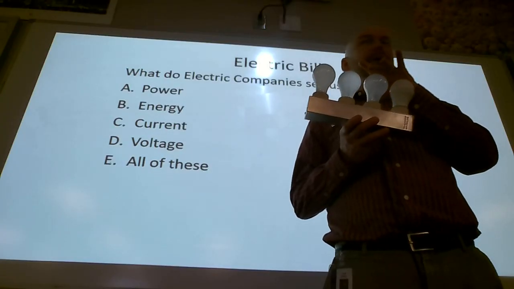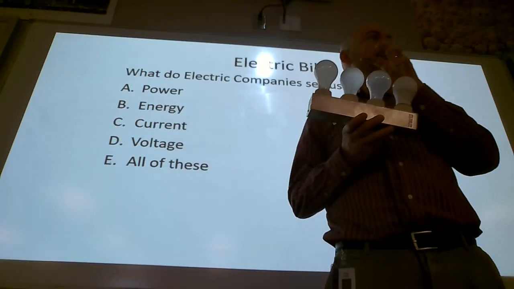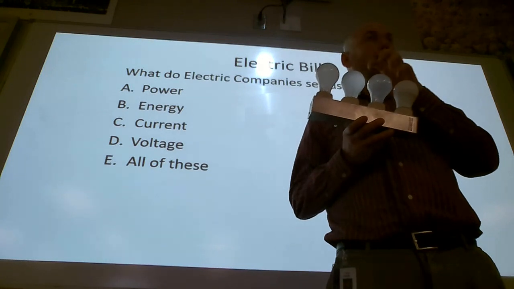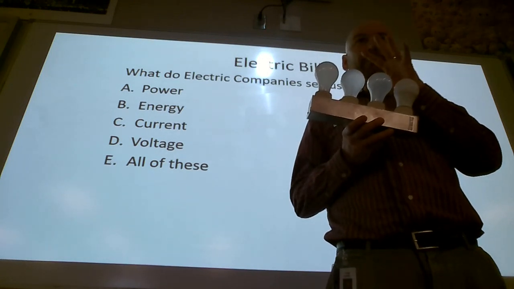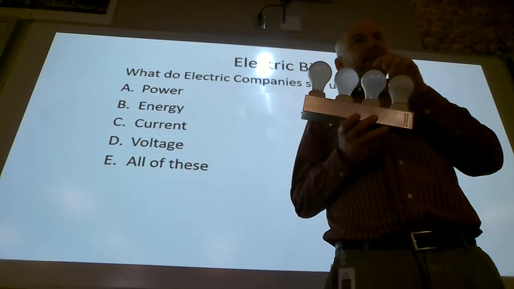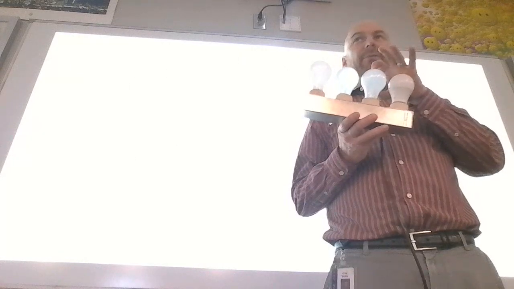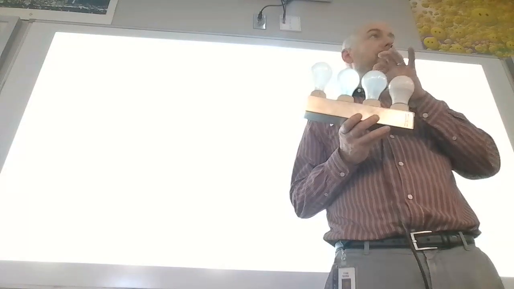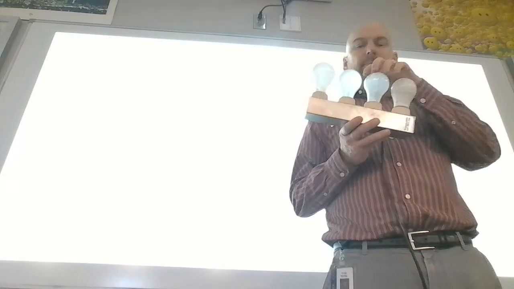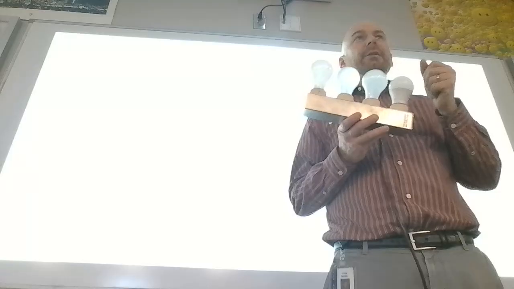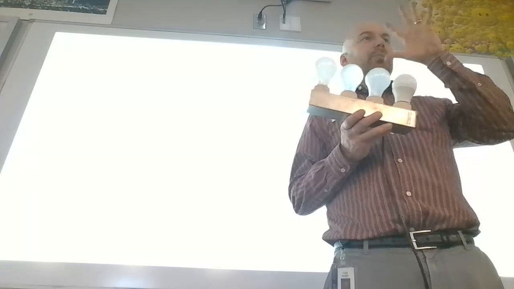If you've ever broken one of these, it sounds weird. It sounds like it's pressurized. That's because these are filled with a different type of gas, preventing the filament from burning. If you took this off and tried to turn it on, it just vaporizes.